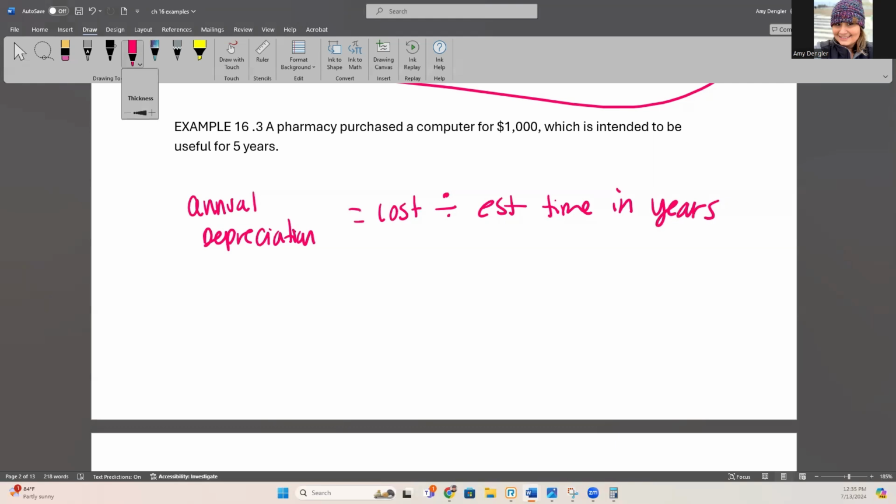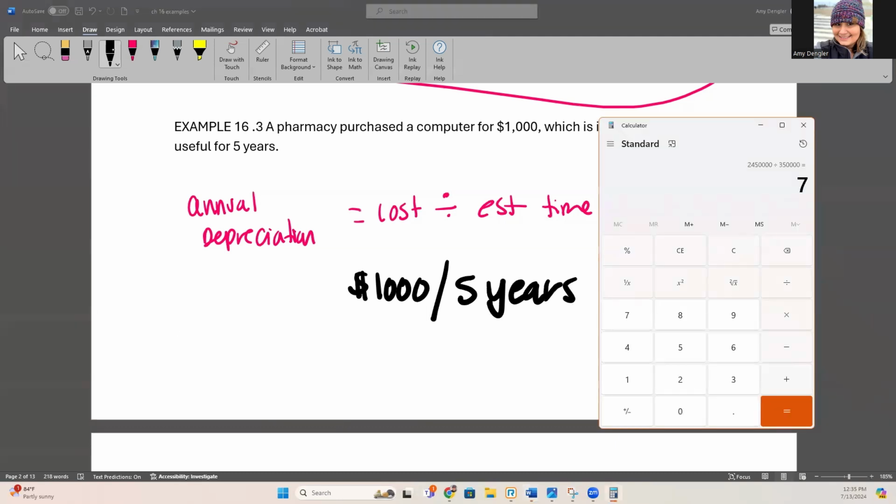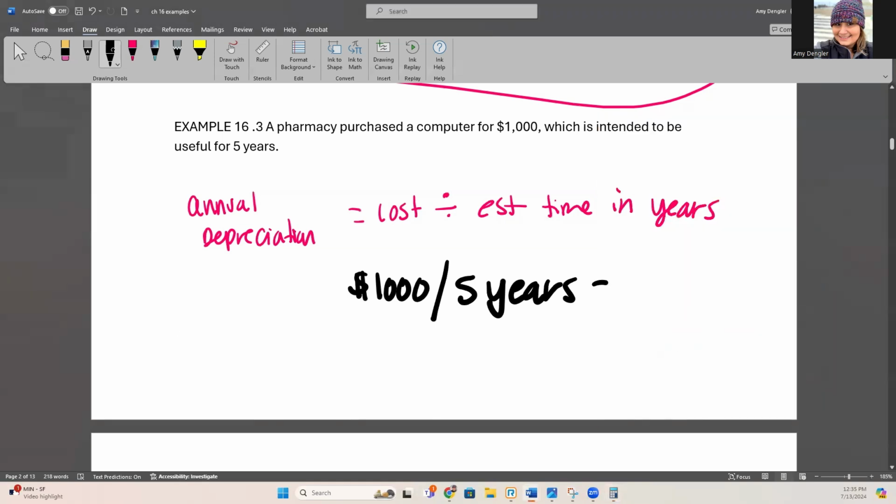So we're just going to take our 1,000 and divide it by 5 years. And that is going to give us $200 per year. So that is the annual depreciation on that computer that we bought for the pharmacy.